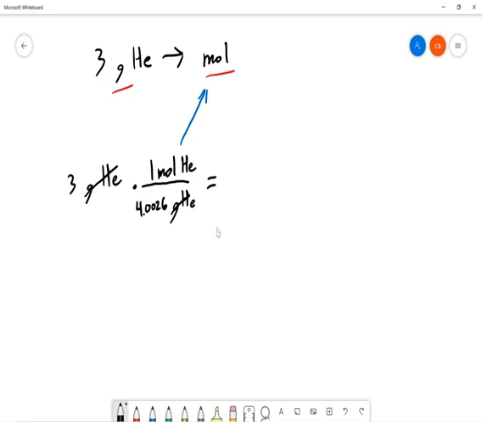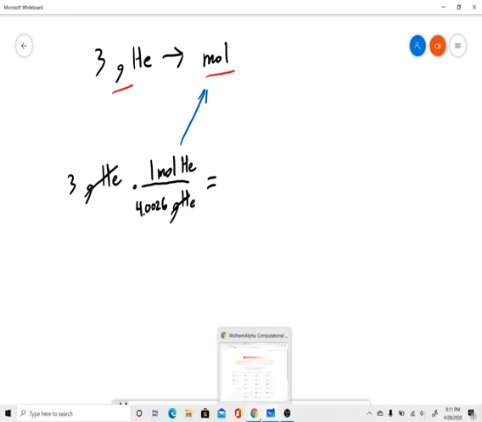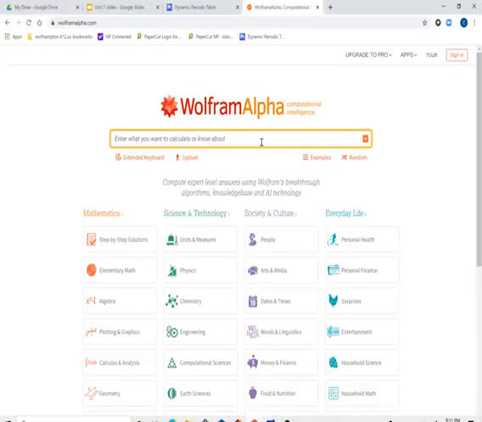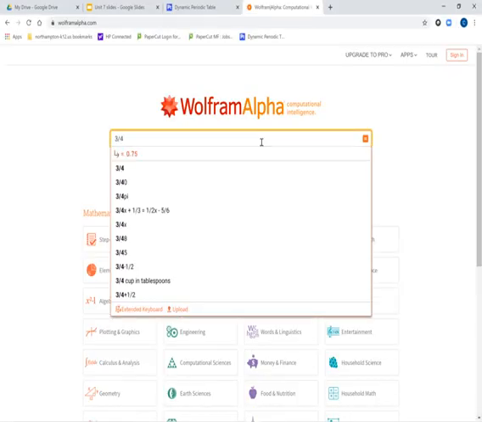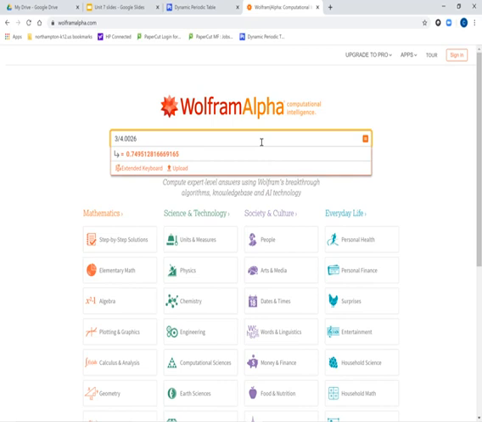So we're going to take 3, divide it by 4.0026, and we get just about 0.75. So I'm just going to round that. You can see here 0.7495.